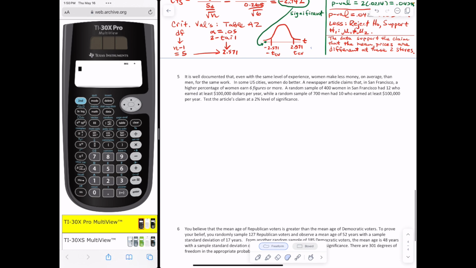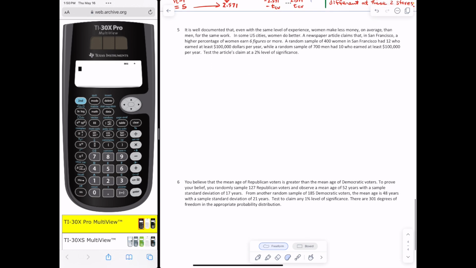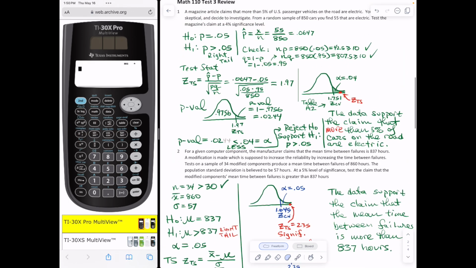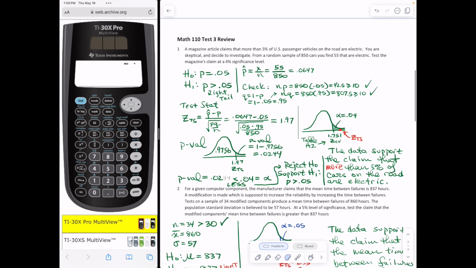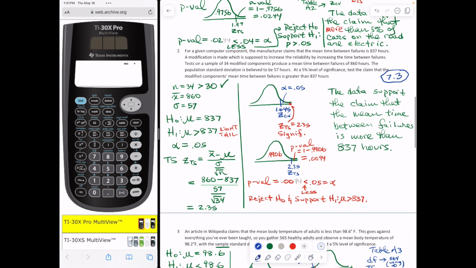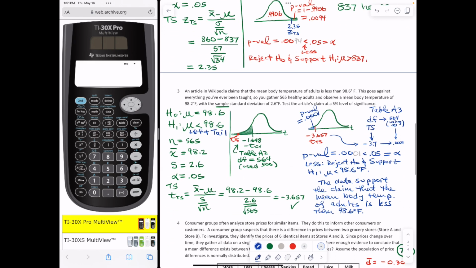Okay, and so then we're going to jump up to problem number 5, and I guess I should have said what these problems belong to. So this first problem, I believe, is a 7.2 problem. The second one is a 7.3 problem. Third one, 7.4.